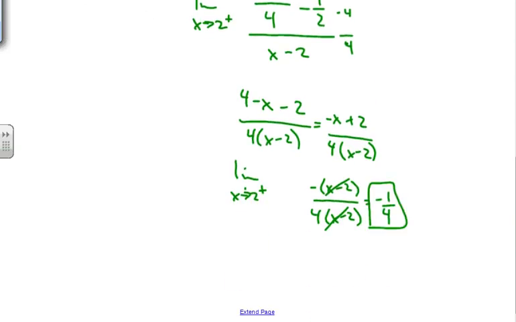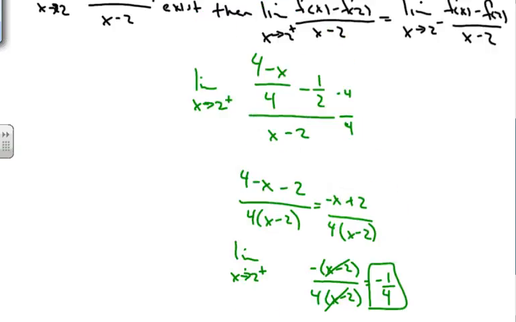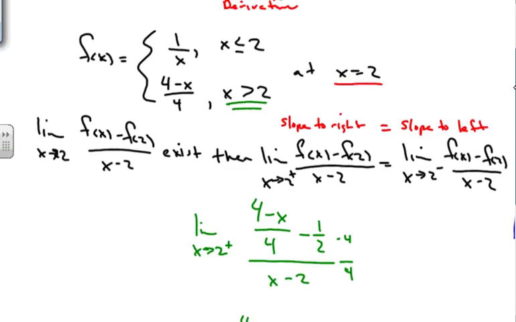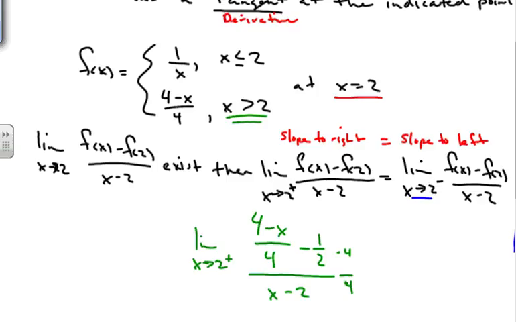Now, we want to verify: is that the same slope as we approach 2 from the left? To the left would mean all values to the left of 2, so we're going to be using that function, 1 over x. Using that rational function, we set this up.